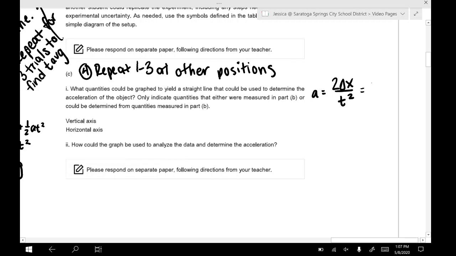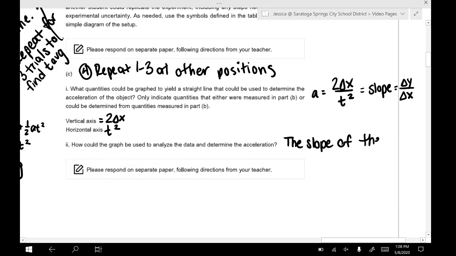So that actually gives us a slope, okay, because we have a division occurring. If we had multiplication, then that would be an area. Remember, slope is change in y over change in x. So that tells us that we should graph 2 delta x on the vertical axis and t squared on the horizontal axis.